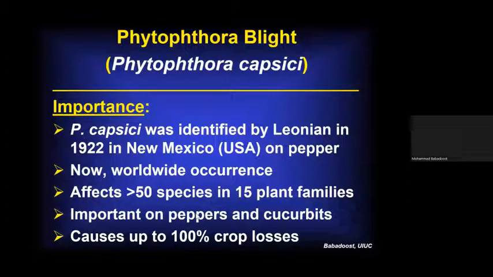Cucurbits like pumpkin, squash, cucumber, melon, watermelon. So I'm going to be focusing today basically on how this disease is on peppers and cucurbits. Those are the main hosts in the world.